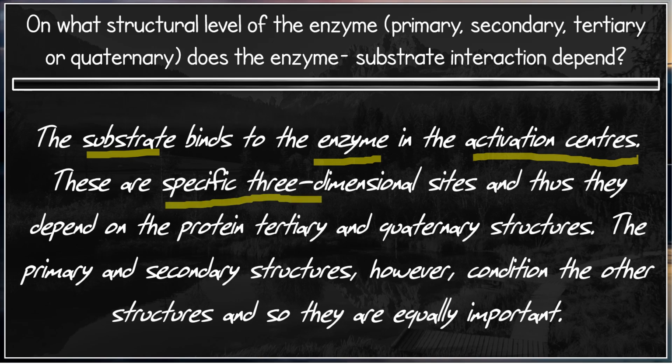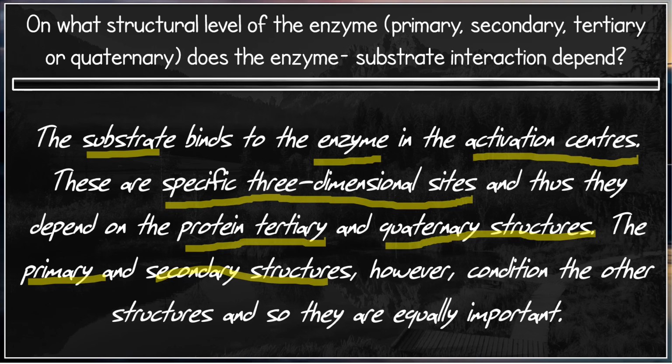These are specific three-dimensional sites. Thus, they depend on the protein tertiary and quaternary structures. The primary and secondary structures, however, condition the other structures, so they are equally important.